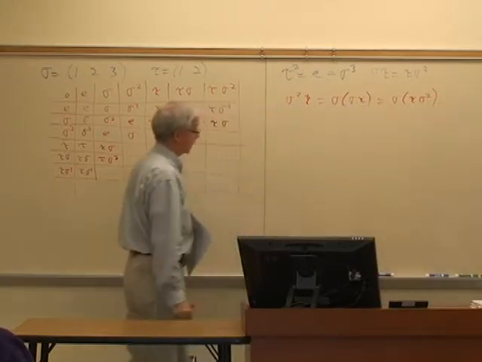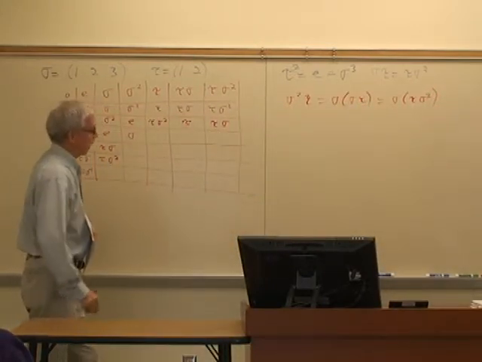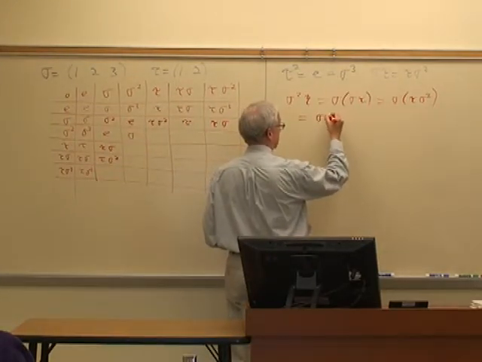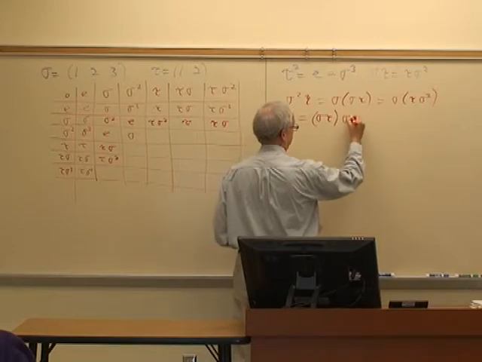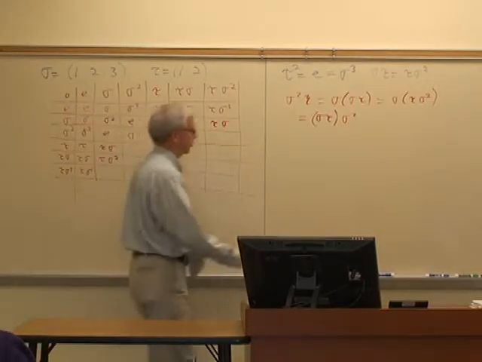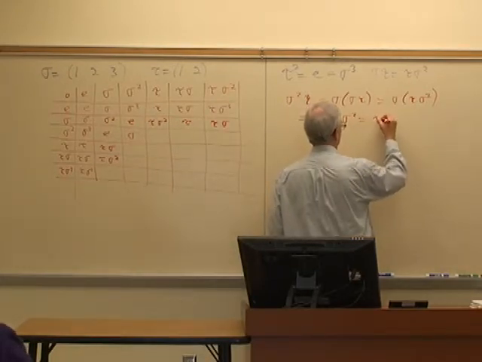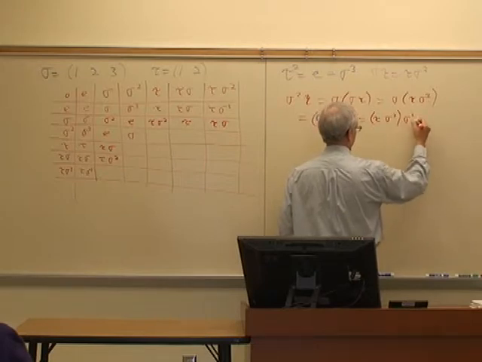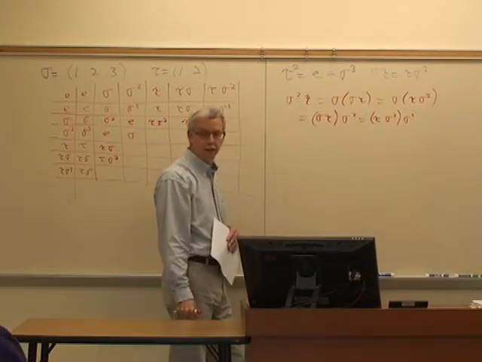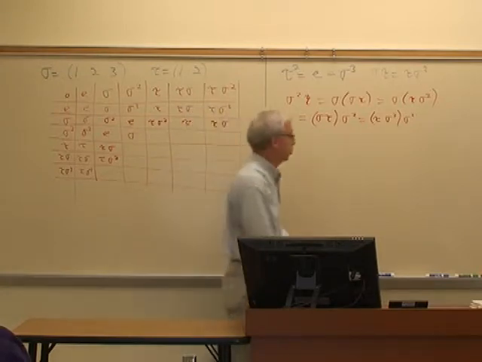Does that help us at all? Well, kind of. We can now call that sigma tau times sigma squared. Well, what's sigma tau? We use it again, right? It's tau sigma squared times sigma squared. And sigma squared times sigma squared is actually sigma, right? Because the cube cancels out.